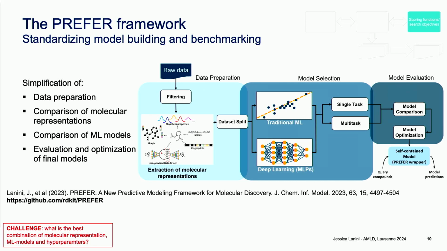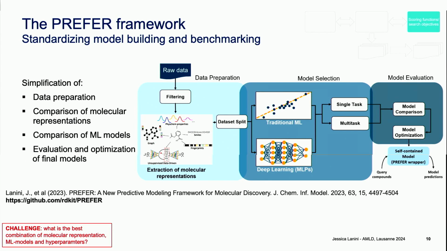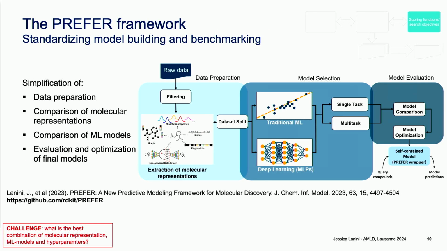So we decided to build our internal AutoML tool, which is called Prefer, that is publicly available under RDKit, where we basically automate the way of comparing different molecular representations and model types in order to find out what's the best combination for our use case.